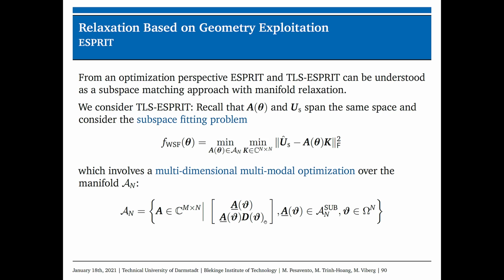We remark that the upper block represents the subspace steering matrix A underbar that belongs to the subarray manifold calligraphic A n sub, and D of theta is a diagonal matrix with roots on the unit circle.